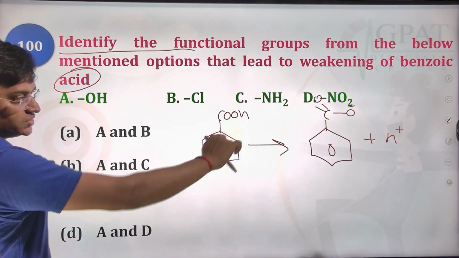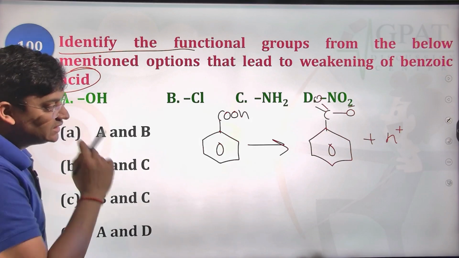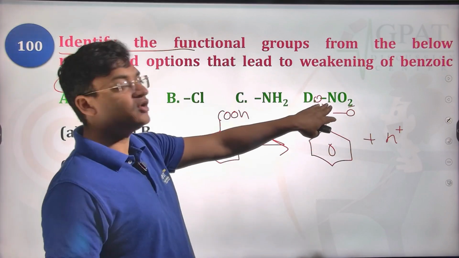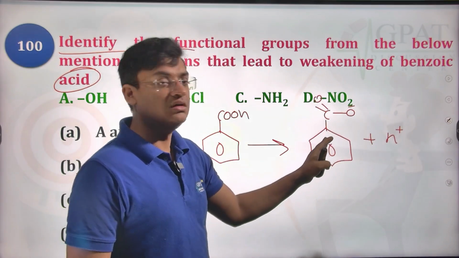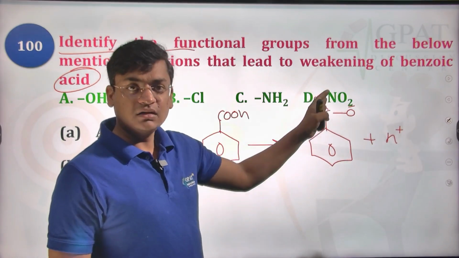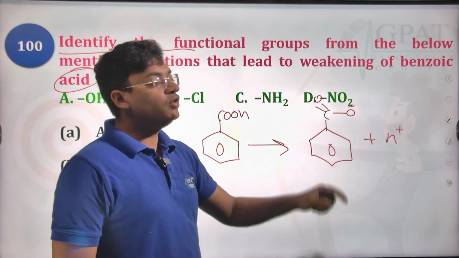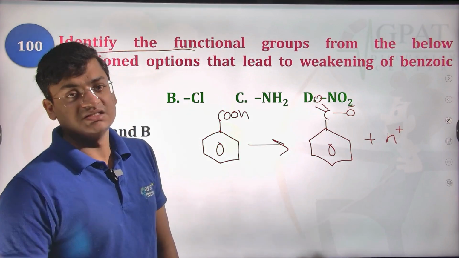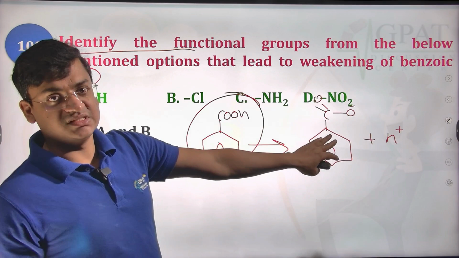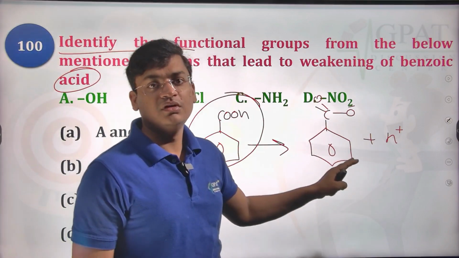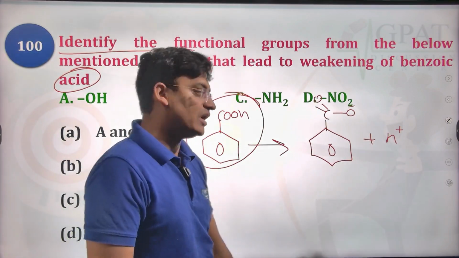So this shows the acidic character. To show this acidic character, the formation of a conjugate base takes place. This is our acid. Removal of a proton gives you a conjugate base. Now the stability of this conjugate base decides the acidic strength of this particular acid. The better stabilized the conjugate base, the more acidity you are going to have.